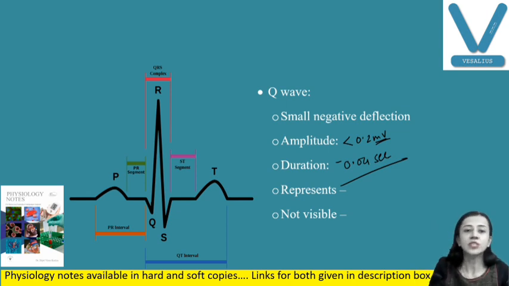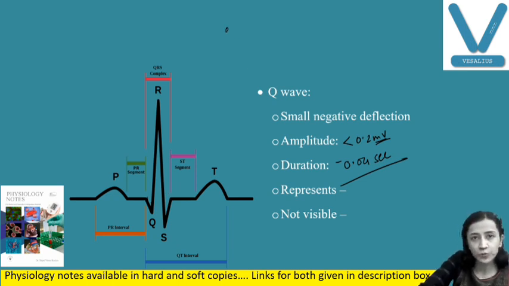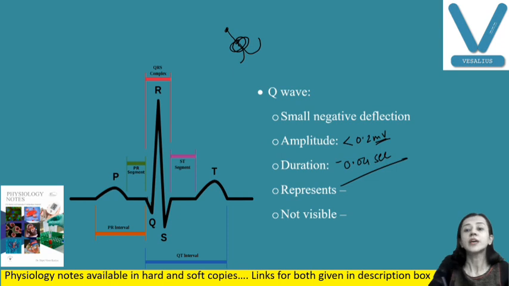Okay, now the beginning of Q wave represents the mid portion of interventricular septum invasion. So suppose you can see here, this is SA node, then AV node, bundle branches. Okay, so the mid portion of interventricular septum is invaded by this depolarization wave. Okay, so this may be slightly posteriorly.